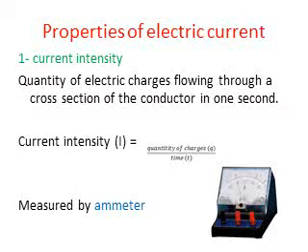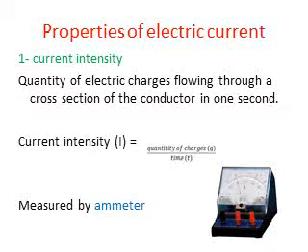And this moving electric current has three physical properties, which are: number one, the current intensity. This current intensity can be measured by counting the amount of electric charges or electrons that move through a cross section of this wire in 1 second.